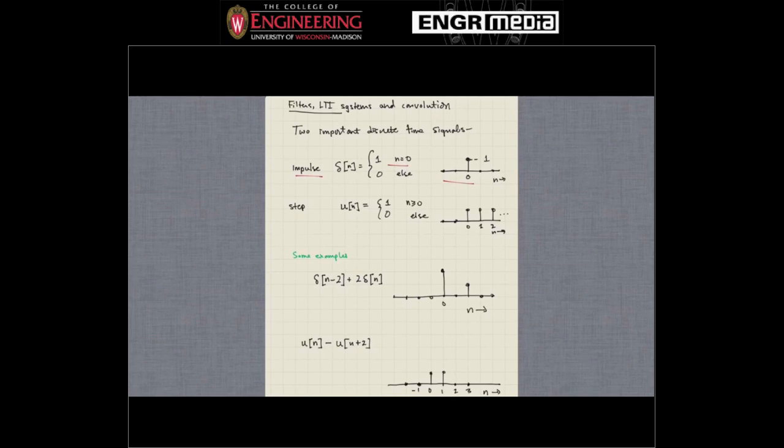All right, so the second signal that's important, that we'll use for a number of different reasons, is the unit step function, sometimes called the Heaviside step function, and that's just denoted with a u, so u of n. That discrete time signal takes on the value of 1 for all n greater than or equal to 0, and it's 0 any other time, for any n less than 0.